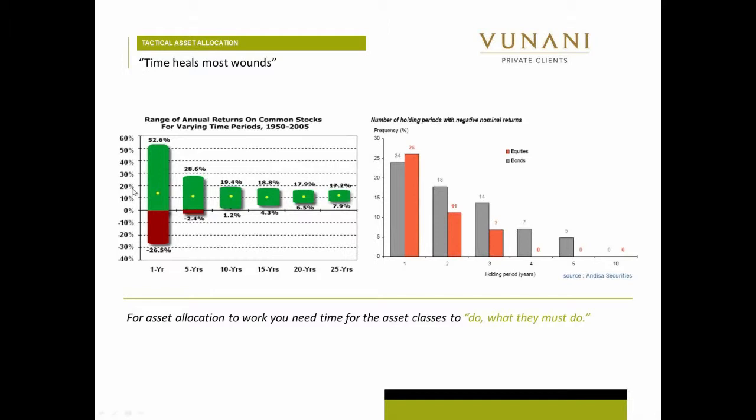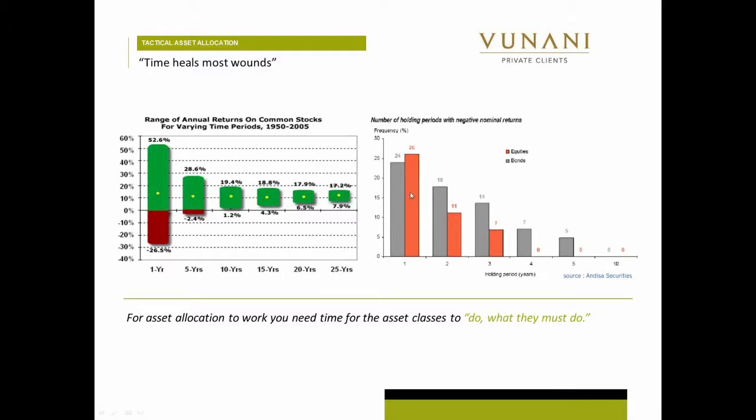If you go 15, 20, 25 years, you'll see that you never lose money with equities as long as you hold them long enough. Over 25 years, equities will give you between 17% up to 8% up. That tends to be the range.